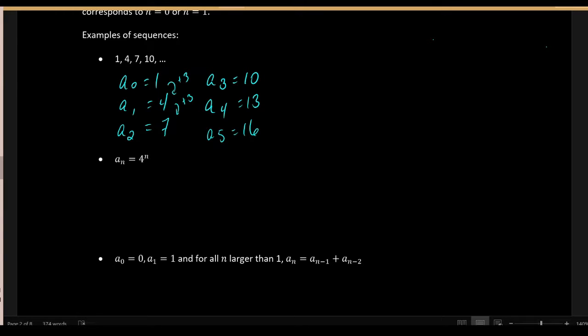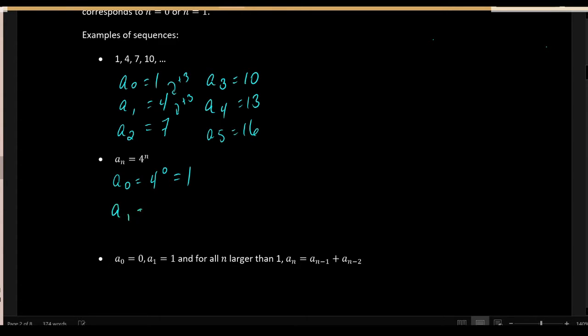Now, sequences can also be described in terms of a formula like the following. If you want to know the term of the sequence A sub whatever, take that number n in the subscript and plug it into this formula, 4 to the power n. So based on that, I would say A sub 0 is equal to 4 to the power 0 is equal to 1.